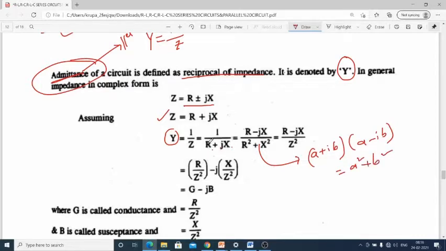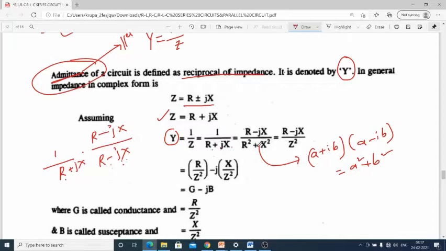In similar fashion, 1 upon R plus jX, I am multiplying numerator and denominator with R minus jX. So R plus jX into R minus jX gives R square plus X square.